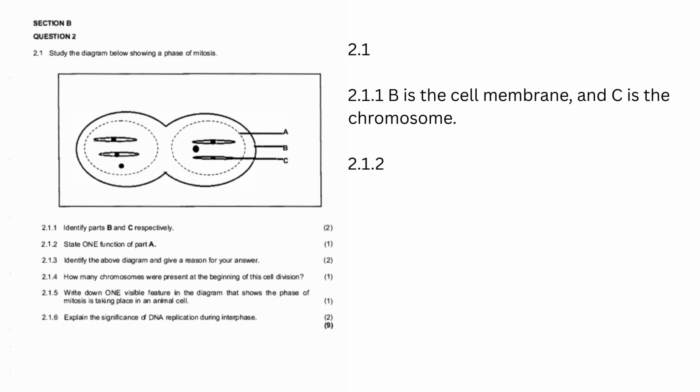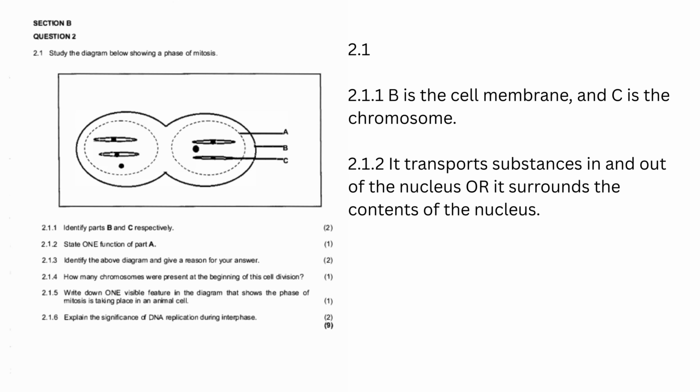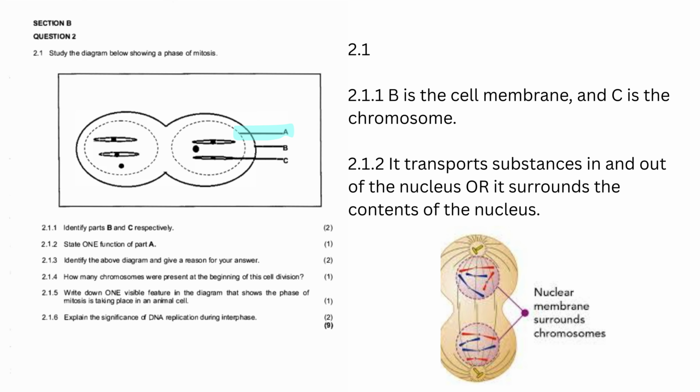Question 2.1.2. State one function of part A. The answer is it controls what enters and leaves the nucleus, or it surrounds the contents of the nucleus. The reason is that part A represents the nuclear membrane, which you can see as that dotted line forming around the genetic material.